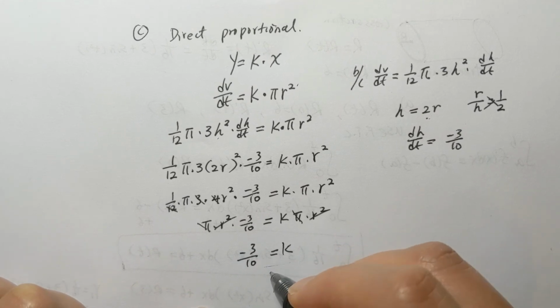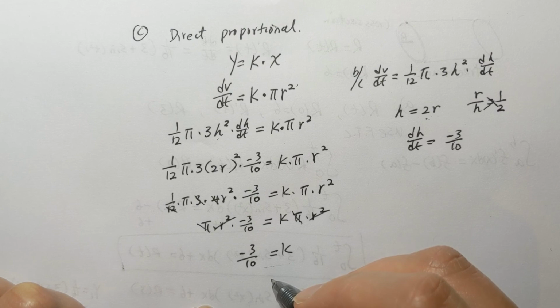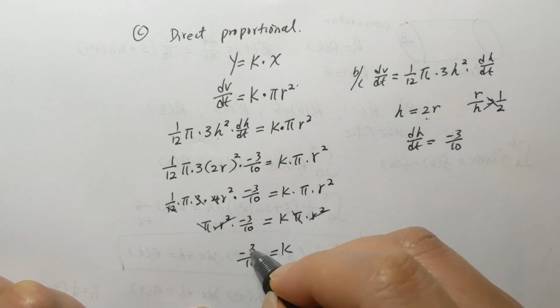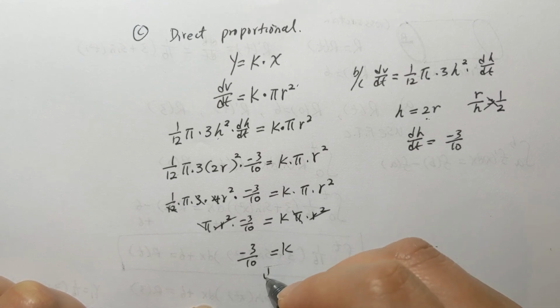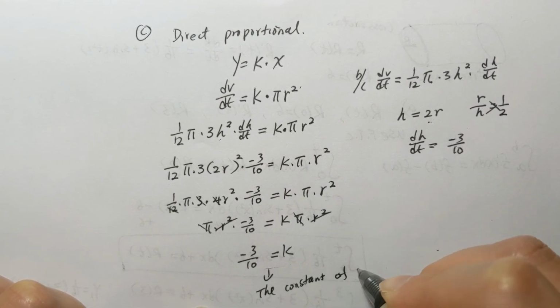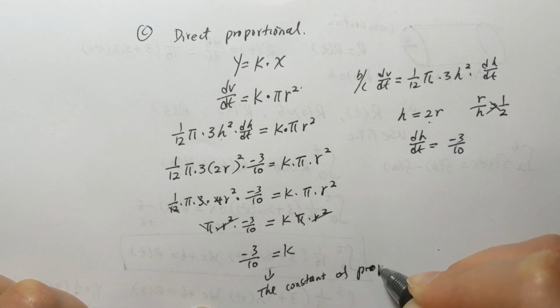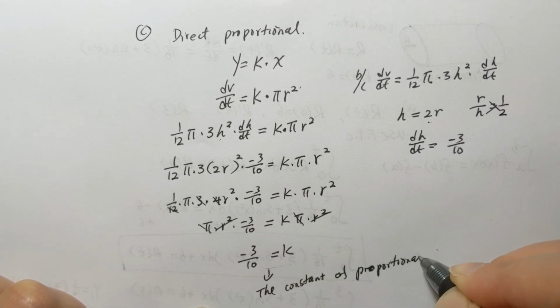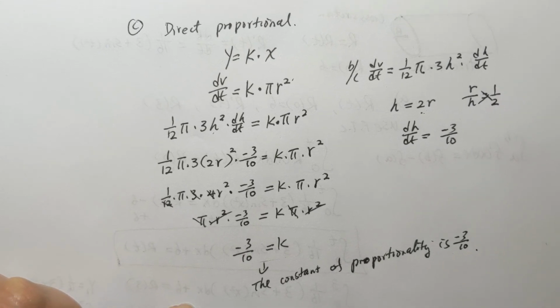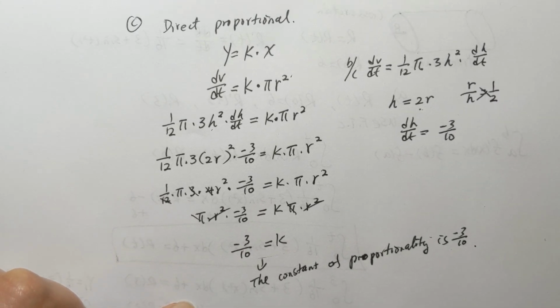So the constant of proportionality is equal to negative 3 over 10. So we finished question 2C.